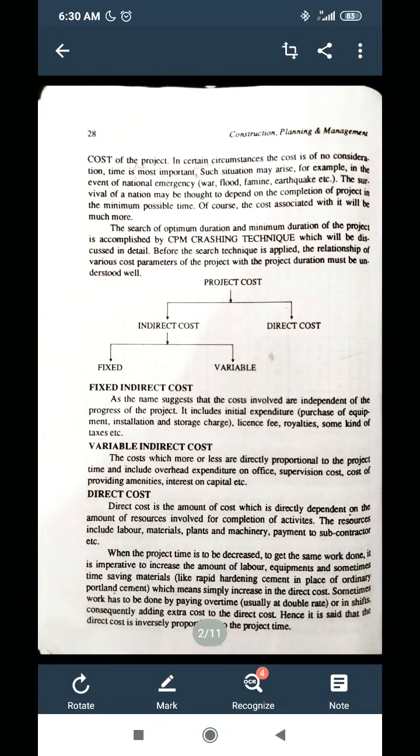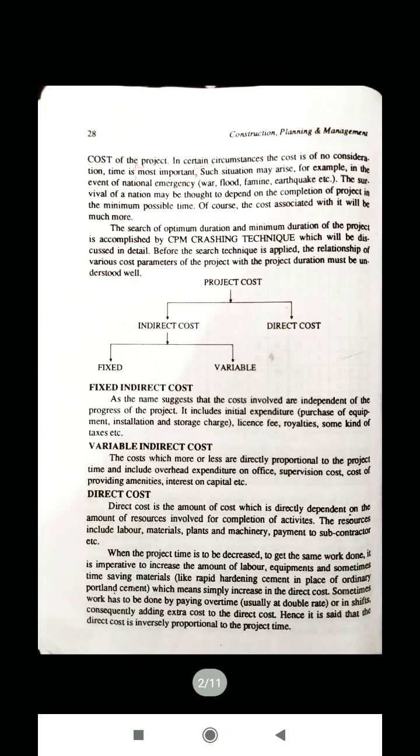Fixed indirect cost is the cost which is independent of the duration or progress of the project. It includes initial expenditure like certain license fees, royalties, some kinds of taxes, etc., which are independent of time.